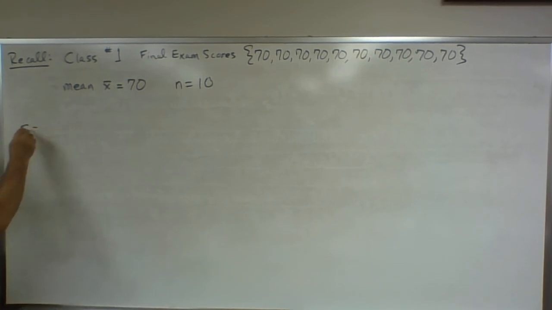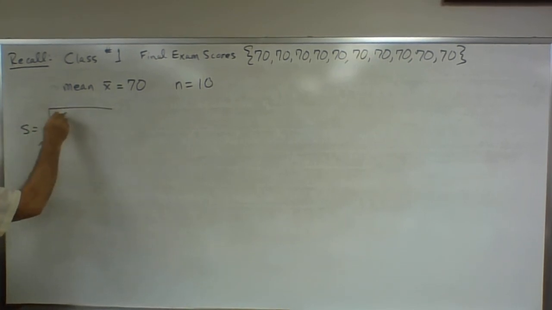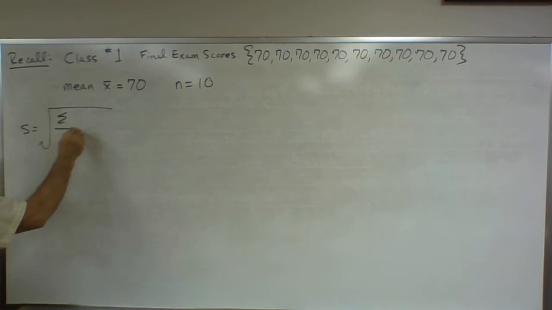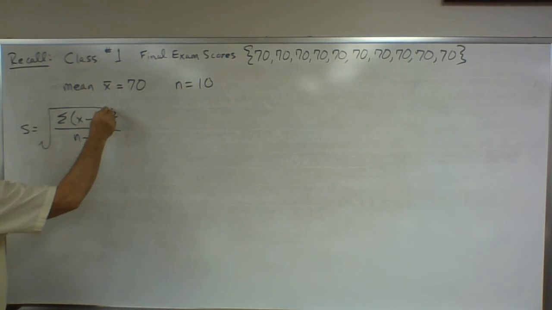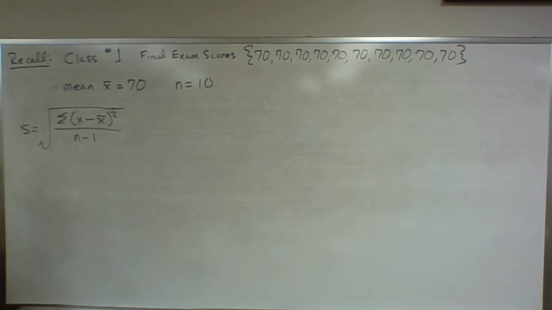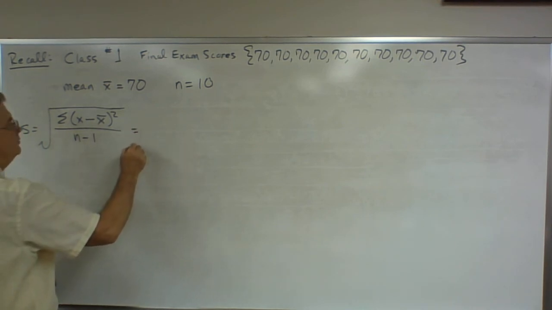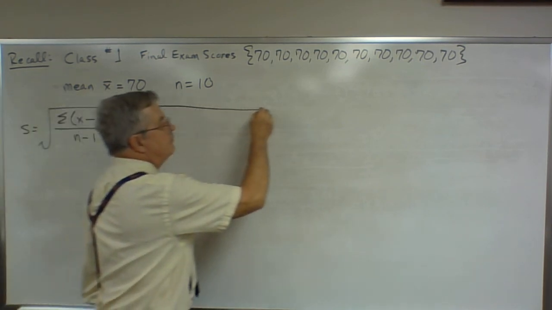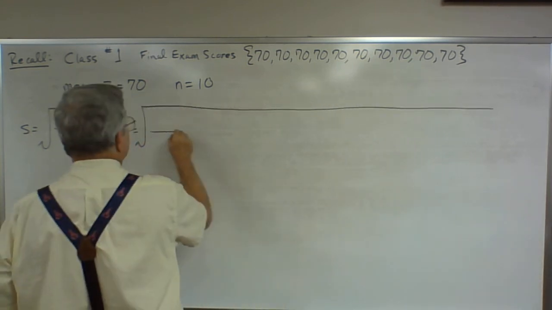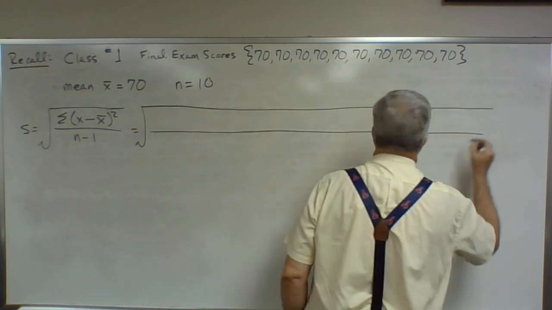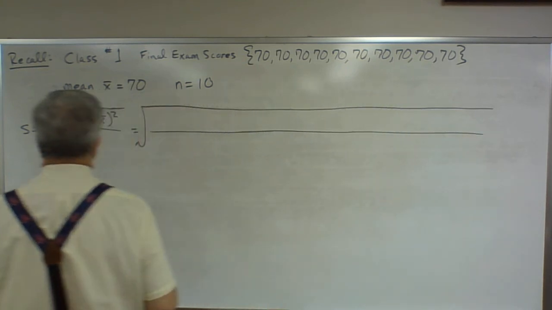The standard deviation, the square root of the sum of each data value minus the mean squared, all over n minus 1, where n is the number of data values. I don't know if I'm going to write all of these out or not.